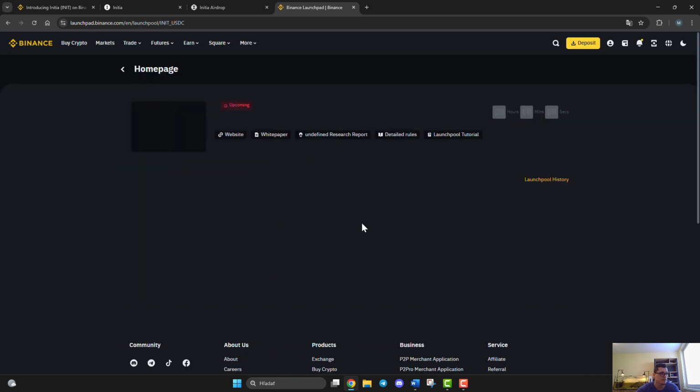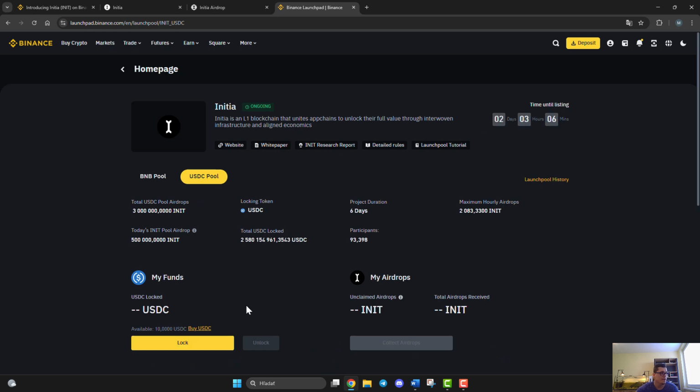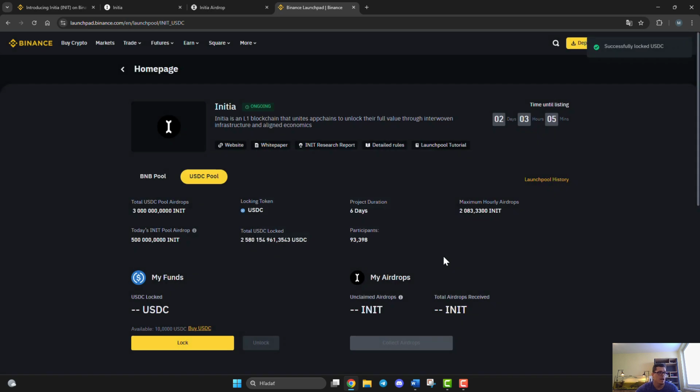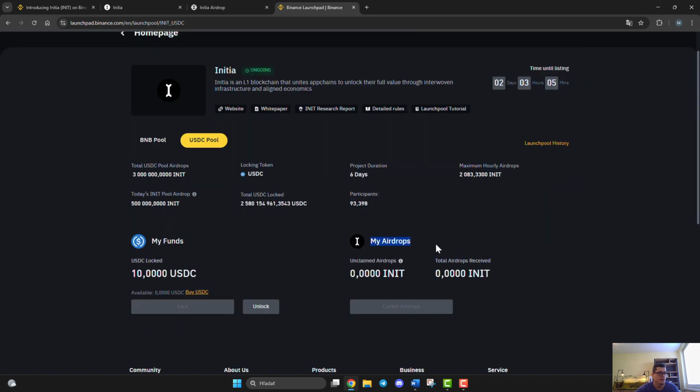Let's choose USDC. Click on Lock. We can lock at least 10 USDC, and then here you can see your airdrops, and there you can later collect airdrops of INIT by staking USDC. So that is a very simple way to earn these tokens for free.